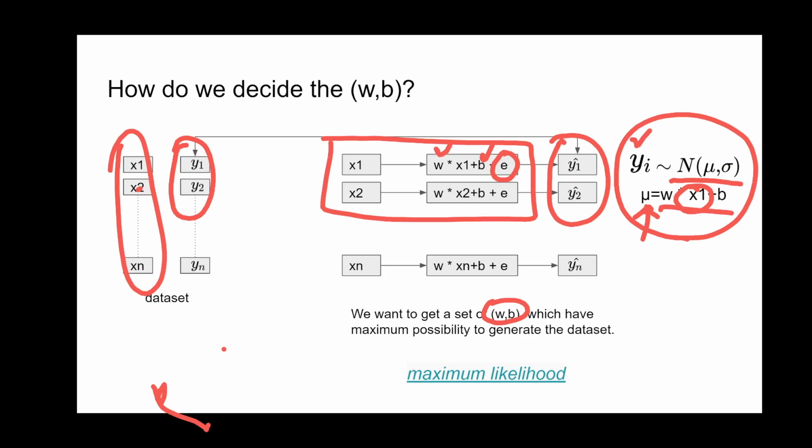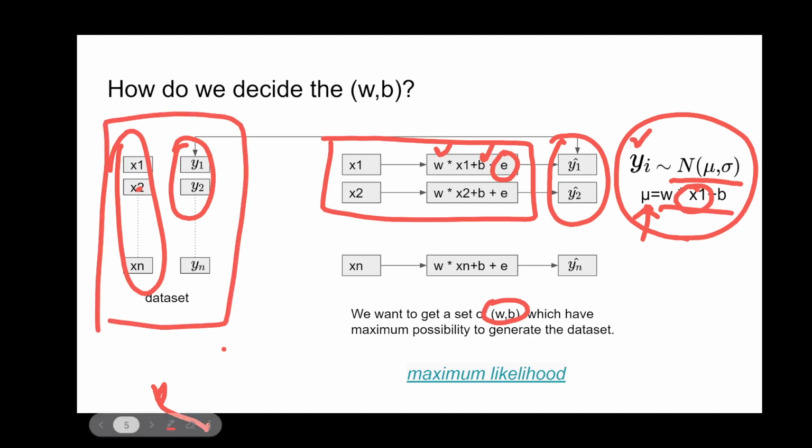And we hope that we can find a set of W and B which maximizes the probability, or the likelihood, of generating this particular data set from this formula. This procedure is called maximum likelihood.